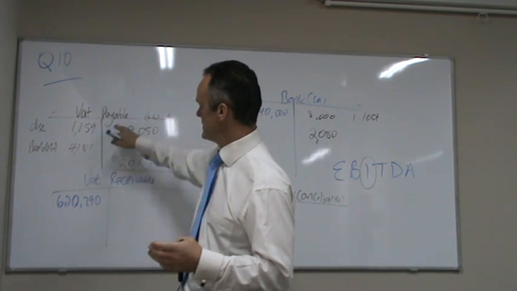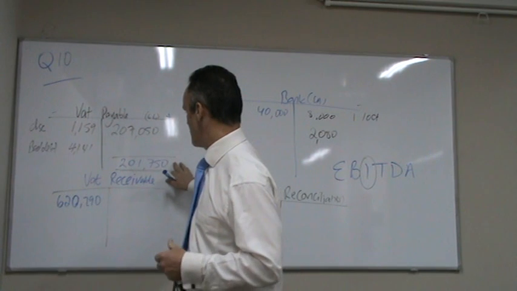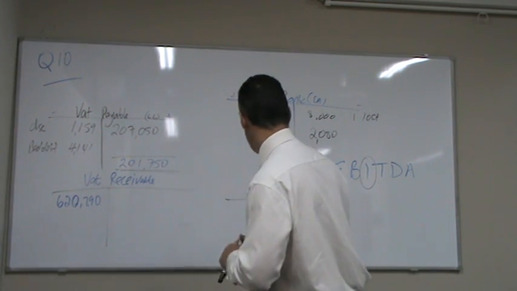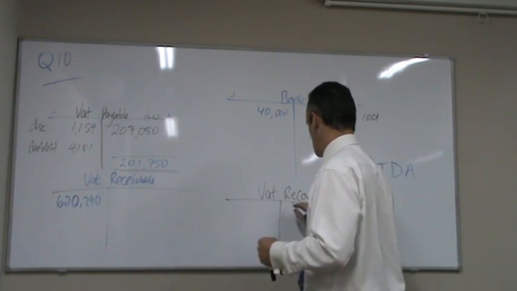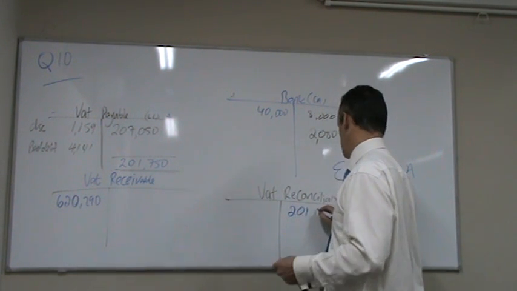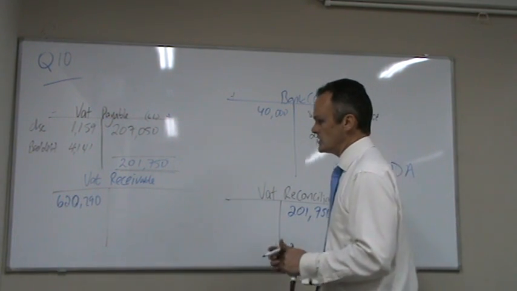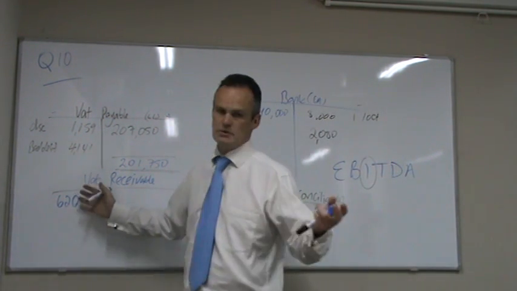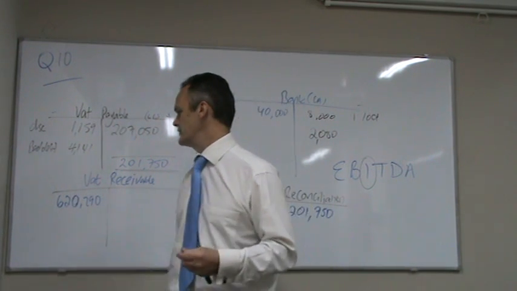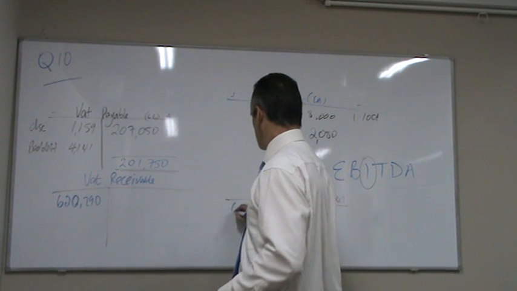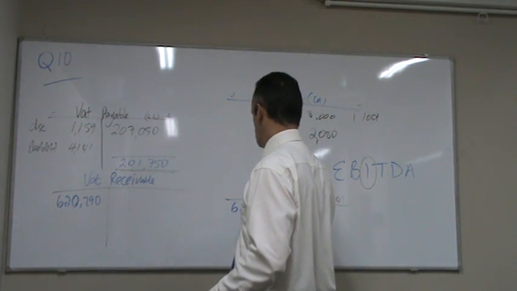In this case, the VAT payable is on the right hand side, or the credit side. So we're going to put the total of this on the right hand side, or the credit side of the reconciliation. And the VAT receivable, there's only one number, the total is that number as well. It's on the debit side, the left hand side, so we put that on the debit side.